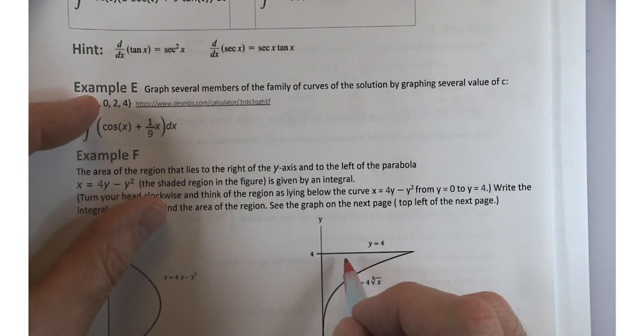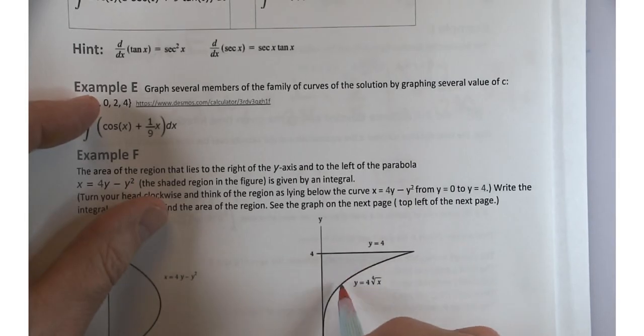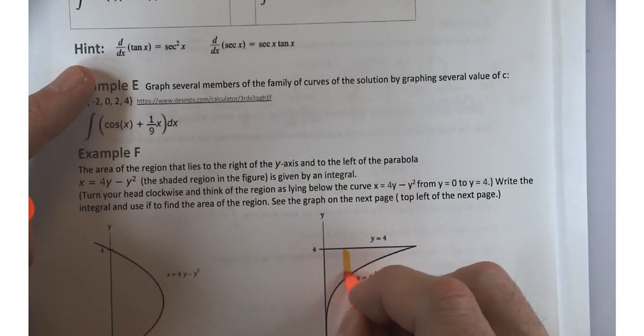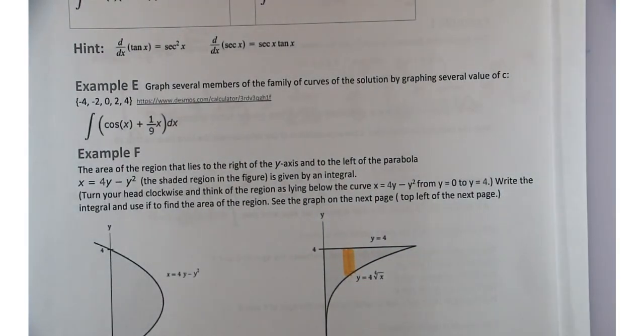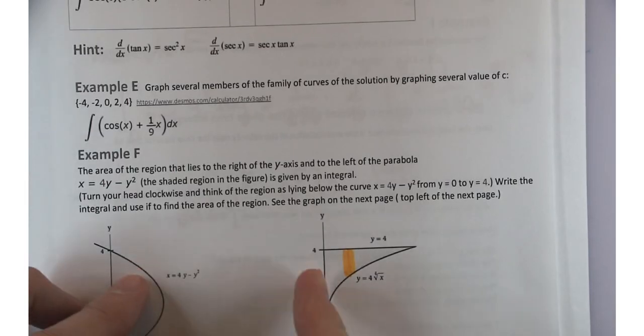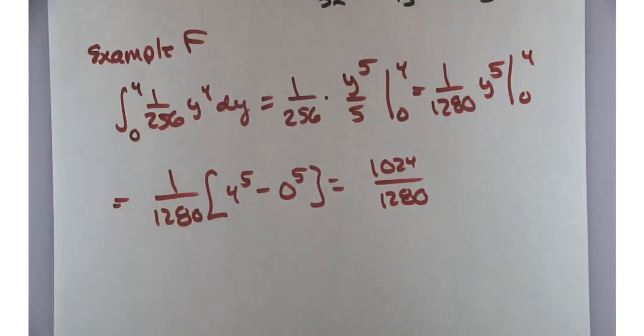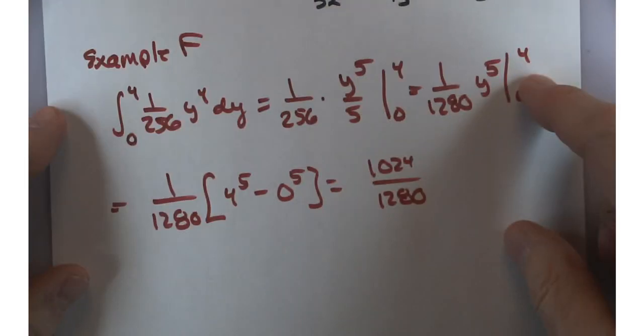Maybe in section 6.1, we can try and find the area by taking a dx slice. If you took a dx slice, then things are going to change a little bit. You can find the area by integrating with respect to x. For now, we'll just stick with what we've got here.